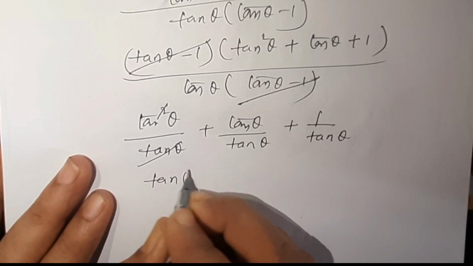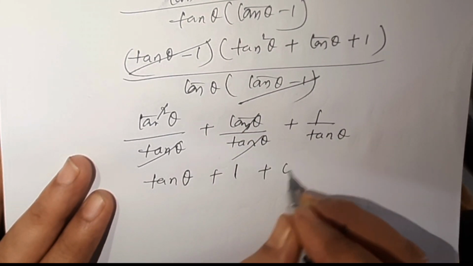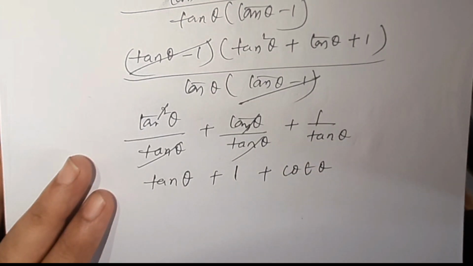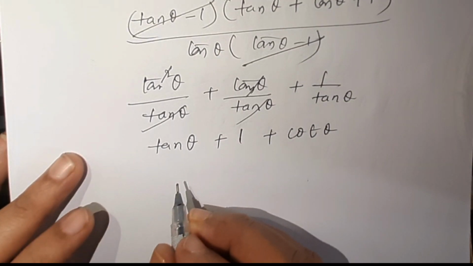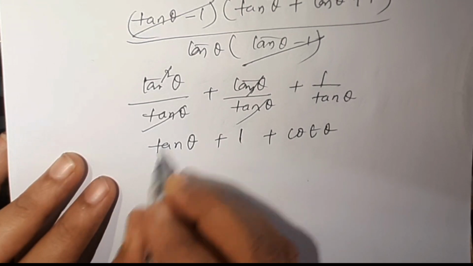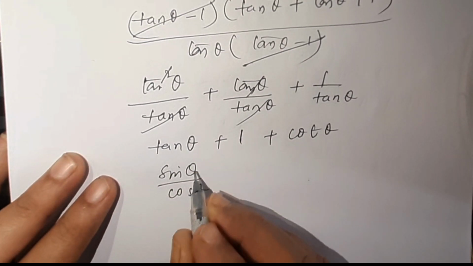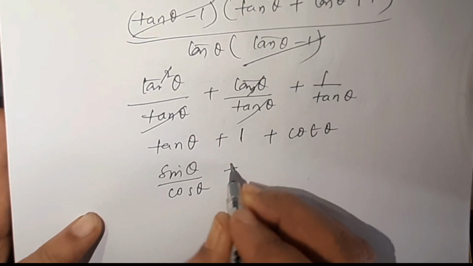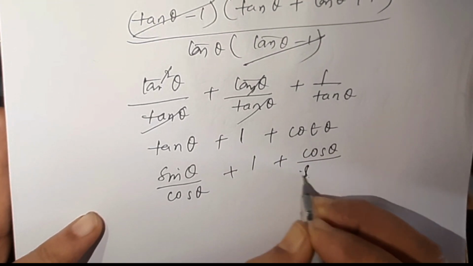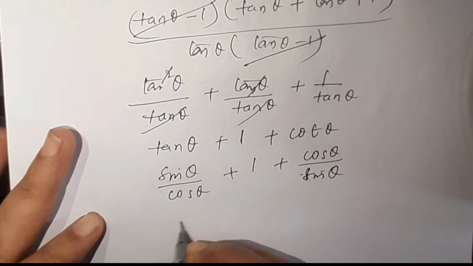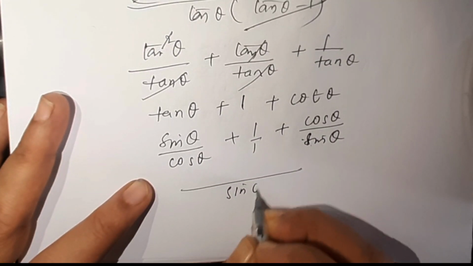Here we are having tan theta, both the tan theta got cancelled, and 1 upon tan theta is cot theta. Now, as I explained, that formula which we can use from the first exercise of this chapter, tan theta is sin theta upon cos theta. So we can replace tan as sin upon cos, plus 1. Cot can be replaced by cos theta upon sin theta.